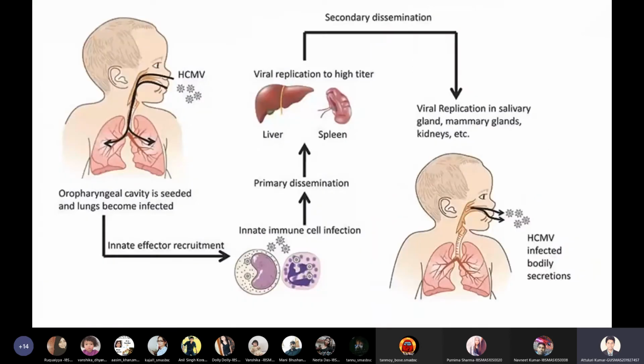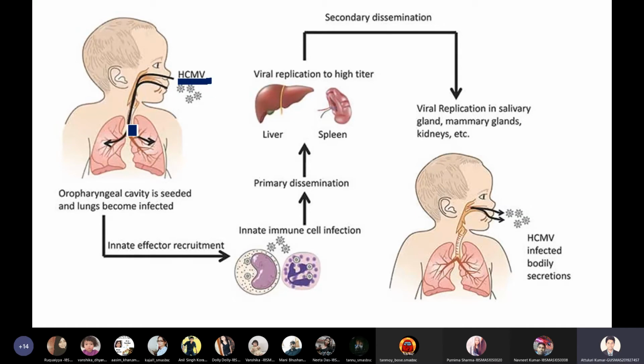Okay, so that's it, students. That is the primary infection, secondary infection. So let us see once again here. This is a baby which was infected by herpes cytomegalovirus. So the complete name should be written like this, HCMV, herpes cytomegalovirus.